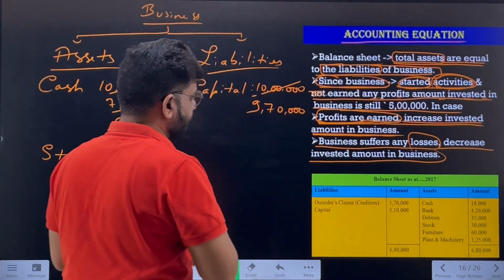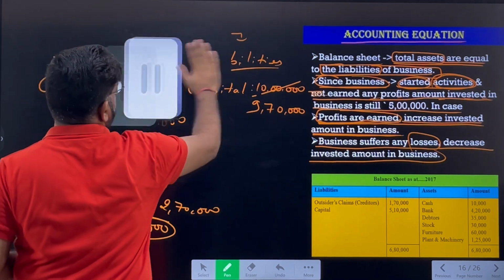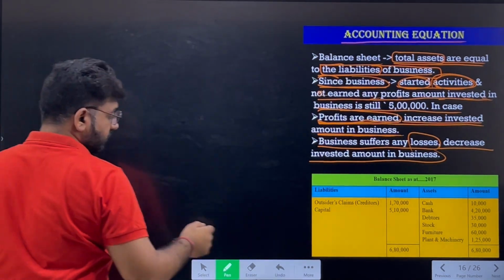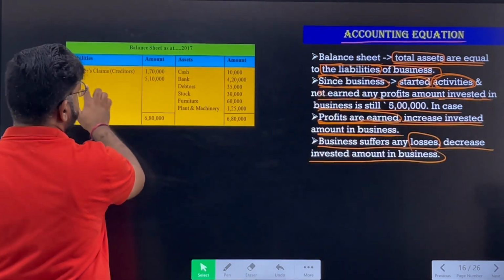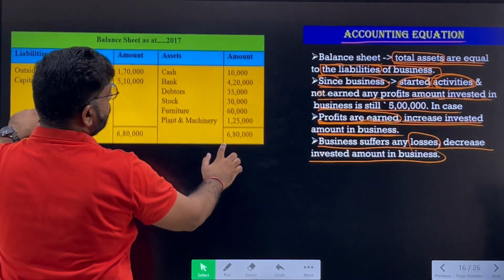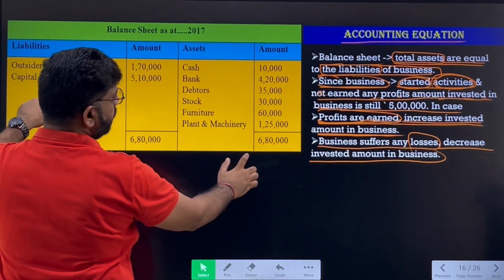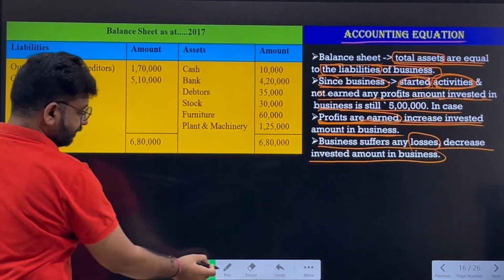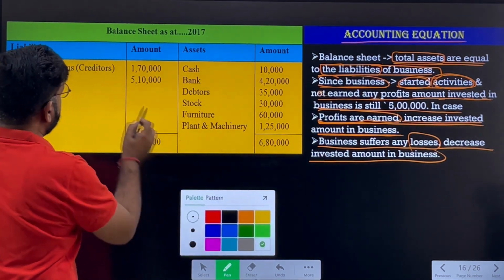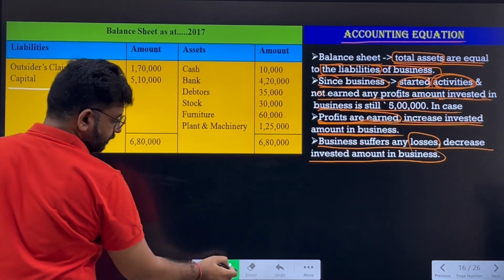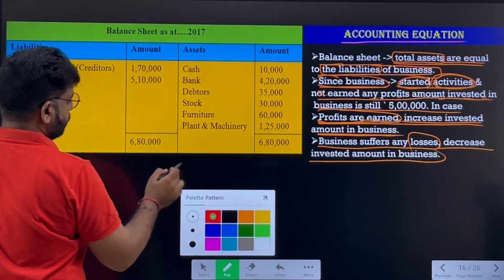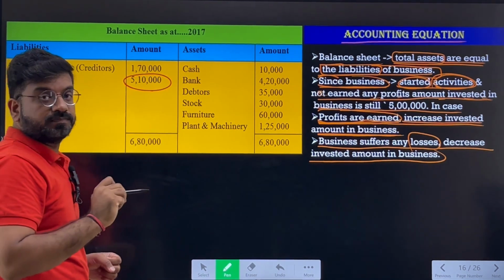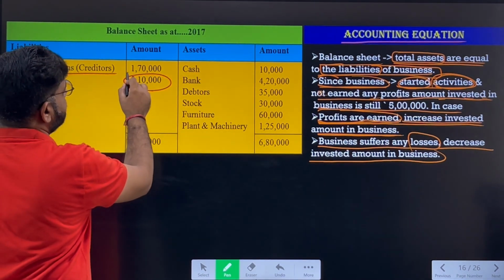Now we will see this. This is a format of the balance sheet. I hope this is very much clear to you. In the balance sheet, we have capital worth rupees 5,10,000 and outsiders' liability, that is the creditors.